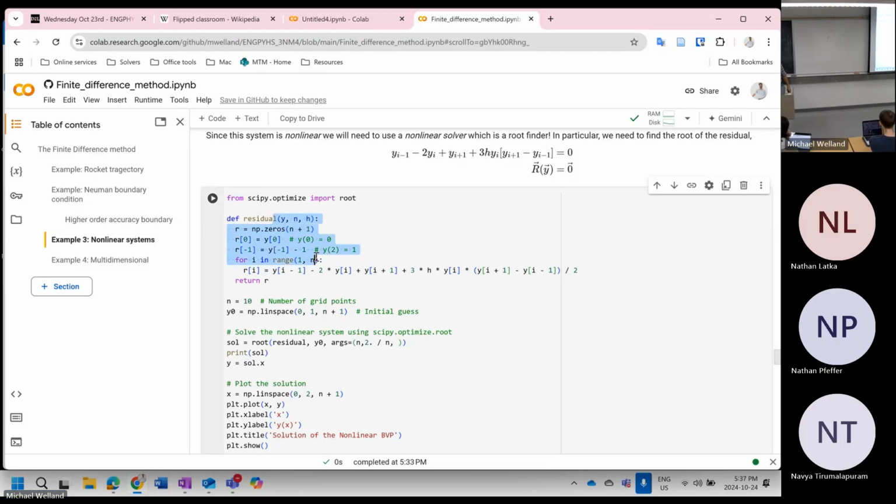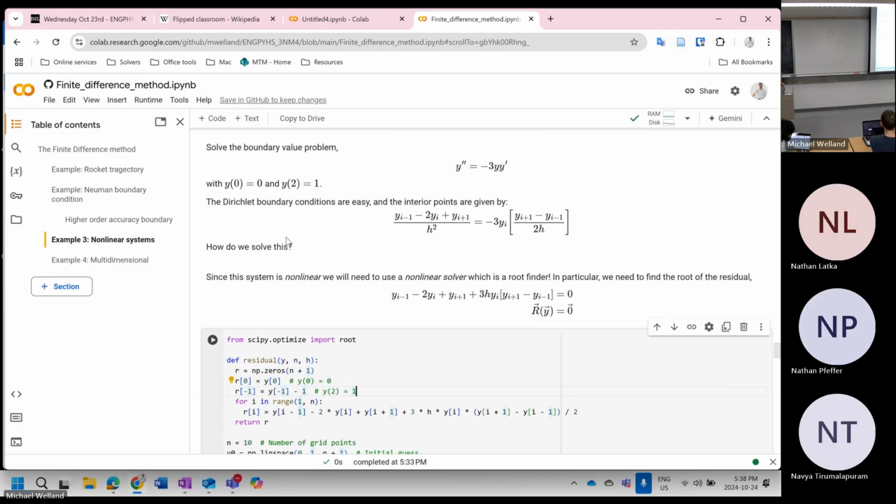Okay. What we have to do is the same idea that we're still writing out what that function is at every point, right? So this is how we define our vector function. We treat the boundary cases special because boundary cases are special compared to the interior points. So we say that R0 is just that because that's equal to 0.